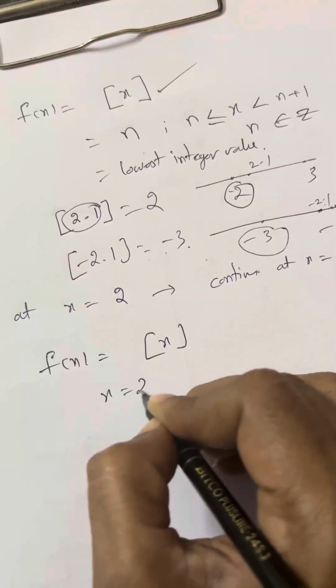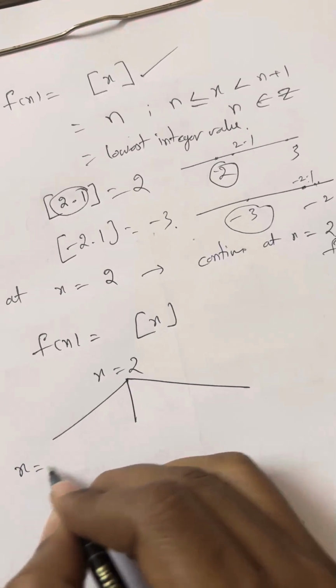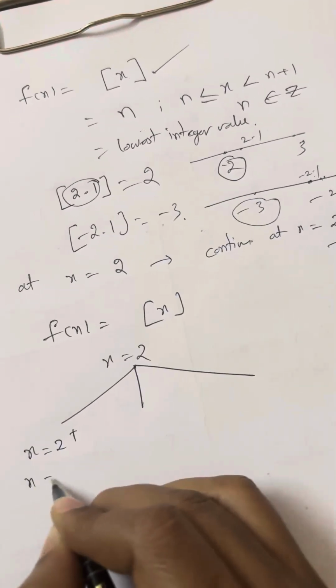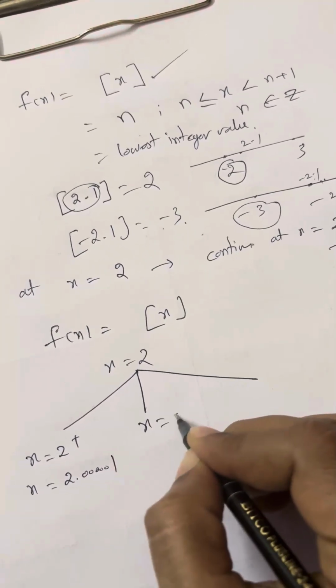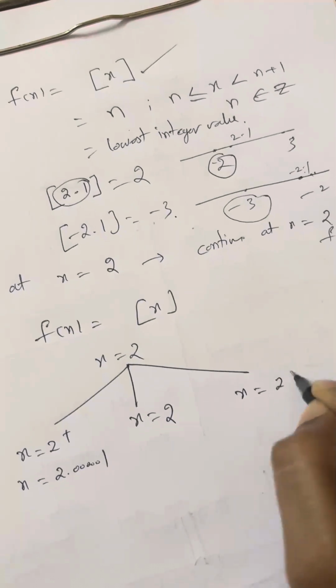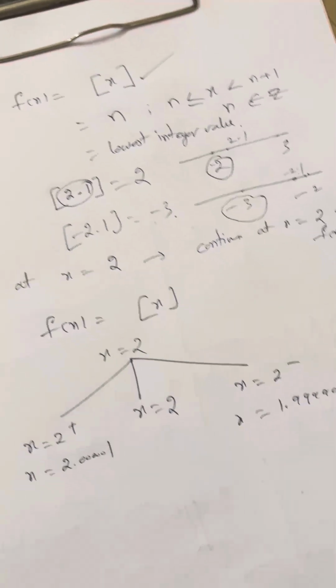For x is equal to 2, we have to take three cases: x is equal to 2 plus, that is 2.00001; x is equal to 2; and x is equal to 2 minus, that is 1.999999.